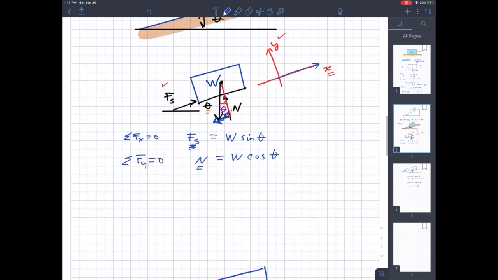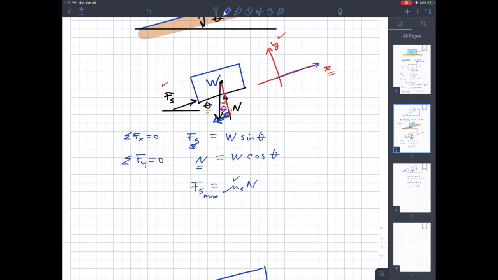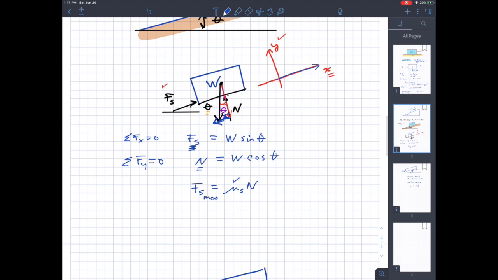What we know about friction forces is that the maximum friction force that can be exerted is mu times the normal force, or mu s. We assume that we knew mu s in this problem, and so I can take this quantity, Fs equals mu n, and plug it into the equation here.